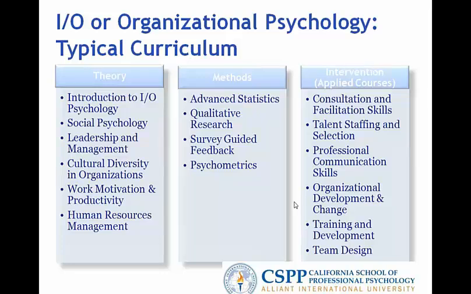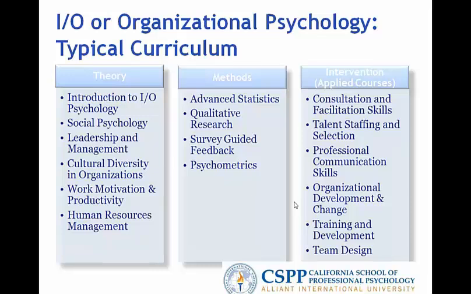Now, the theory subjects obviously focus on psychological principles and other related social sciences, such as social psychology, leadership and management, cultural diversity, work motivation, and productivity. But the curriculum also offers a strong dose of methodology, such as advanced statistics, qualitative research, survey, guided feedback, and psychometrics.